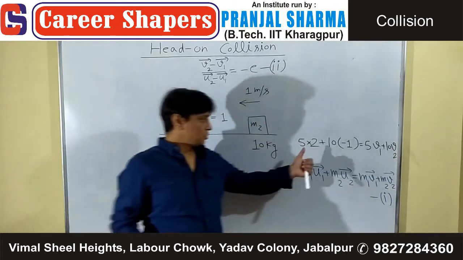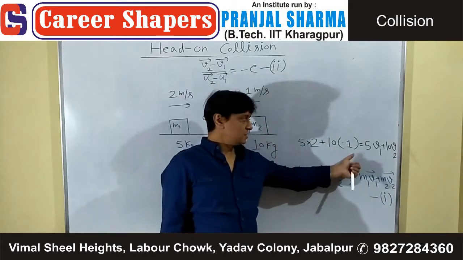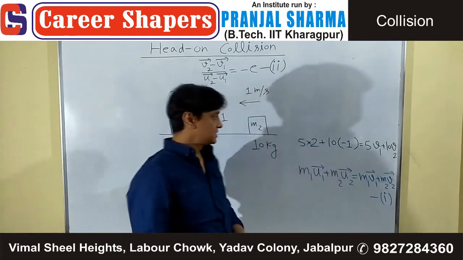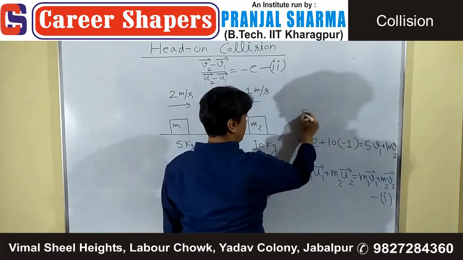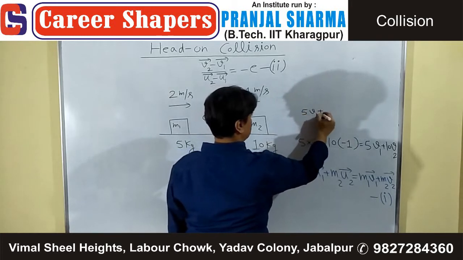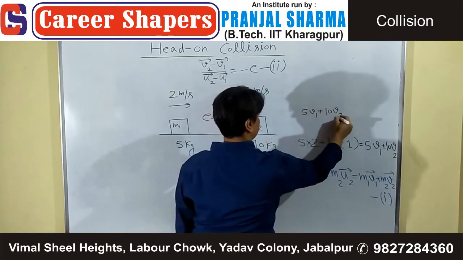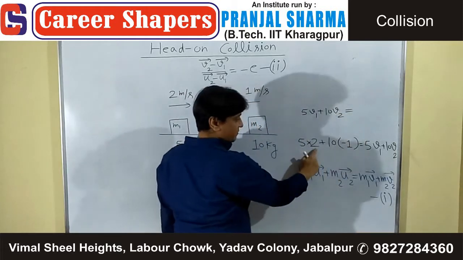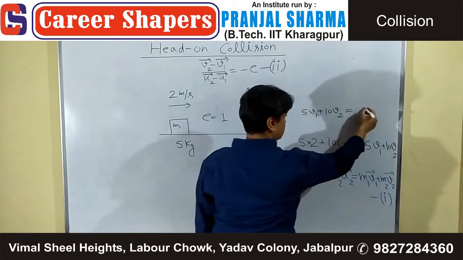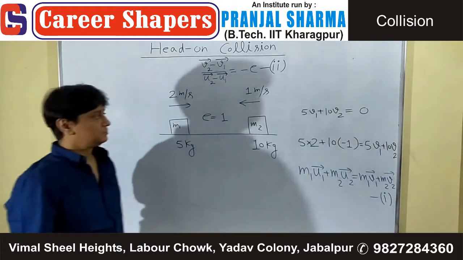Same thing: known quantities with proper sign, unknown quantities without any sign. So this equation is ultimately 5 V1 plus 10 V2, which is 5 into 2, 10, minus 10. That is 0.